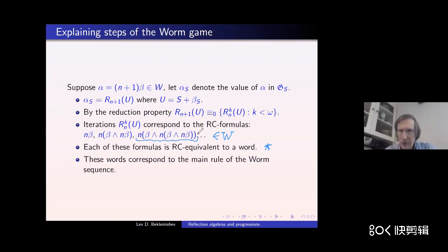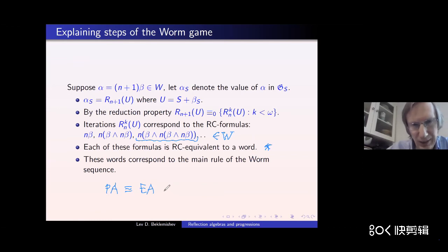So we read off the rules of the worm game from analysis of reflection principles, how it relates to PA. Very easily, PA is equivalent to elementary arithmetic plus full induction, but this can be replaced, and this is well known, by full reflection.